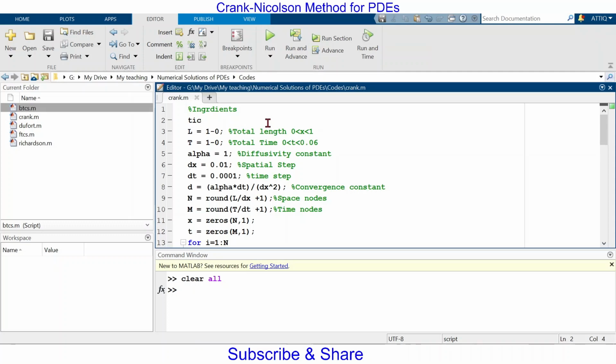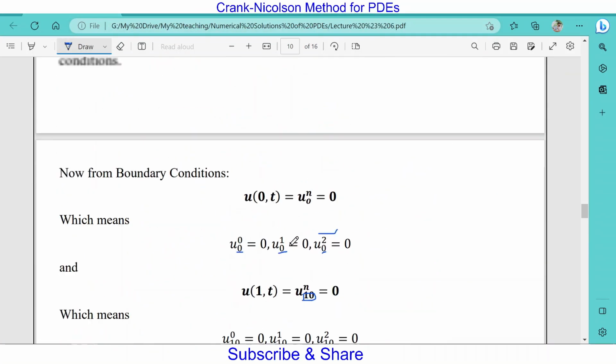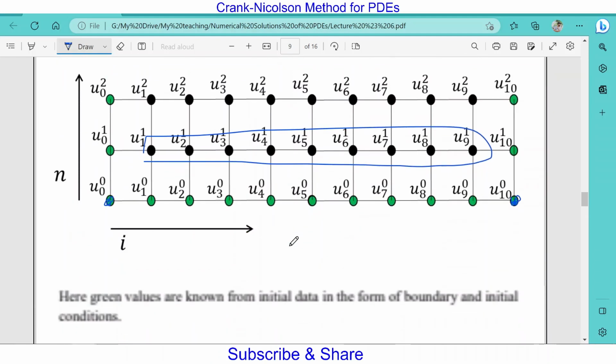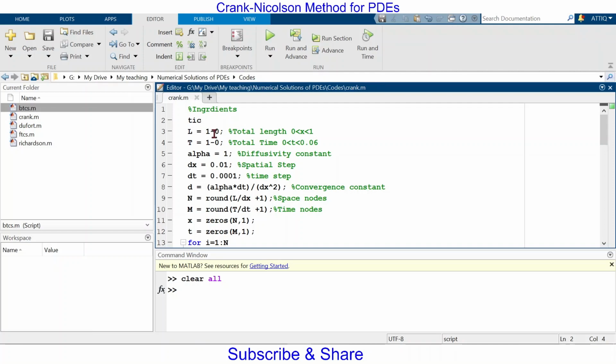In this case, if we are solving the example that we just solved, the length is from 0 to 1 and the time is from 0 to 0.02. So the length is 1 minus 0, and for time it's 0.02 minus 0.